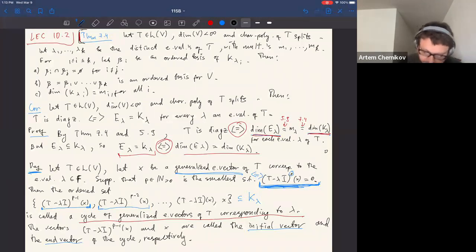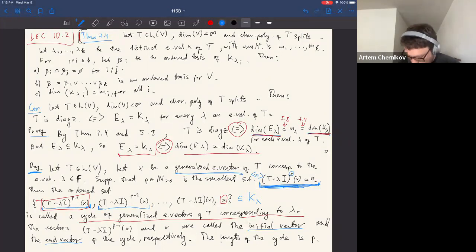So we have the initial vector, which is this one, and we have the end vector, which is just x itself. And finally, the length of the cycle is p. Okay, so we have this special kind of cycles of generalized eigenvectors corresponding to a given eigenvalue. Let's first make a couple of remarks about this new object that we just defined.